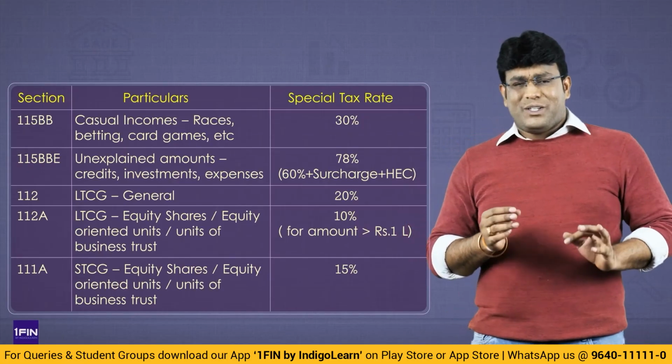Now let me discuss two interesting small sections, guys. There is something called 288A and 288B, which deal with the concept of rounding off of income and rounding off of tax. When I say income, I am not talking about gross total income, I am talking about total income, which comes after reducing the deductions.